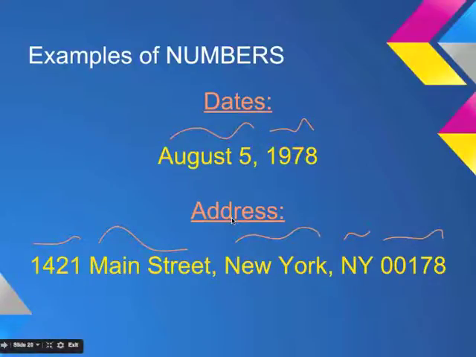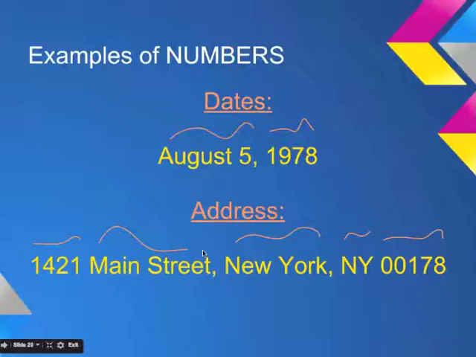Now let's try an address. 1421 Main Street, New York, New York, 00178. So again, notice the pauses in between, here indicated by the commas, but also to separate a number or group of numbers from the following idea.